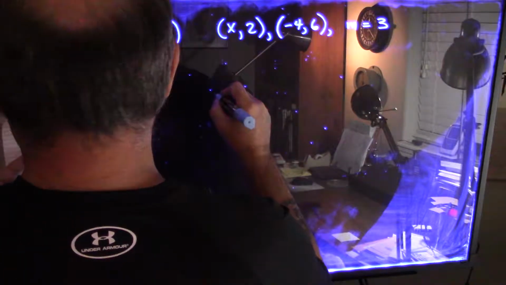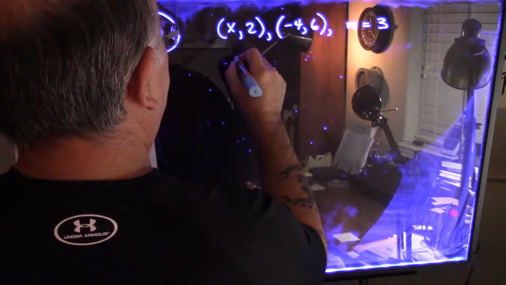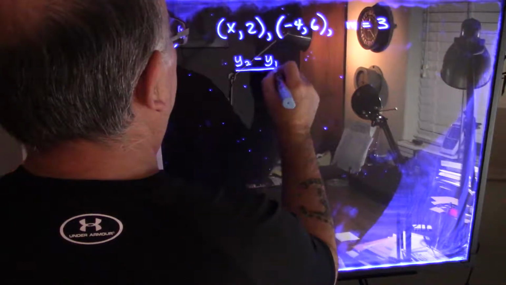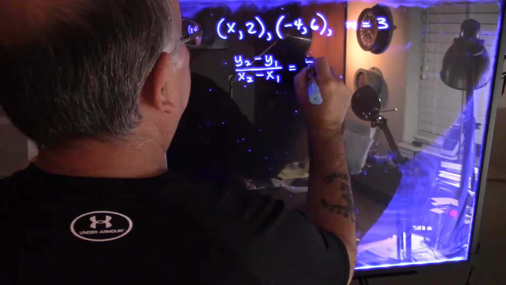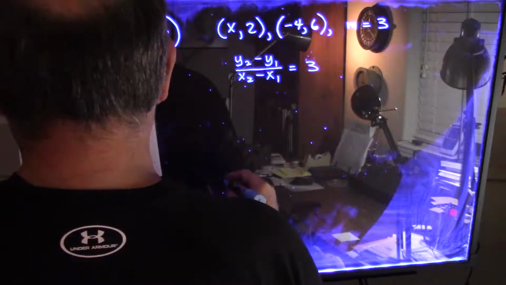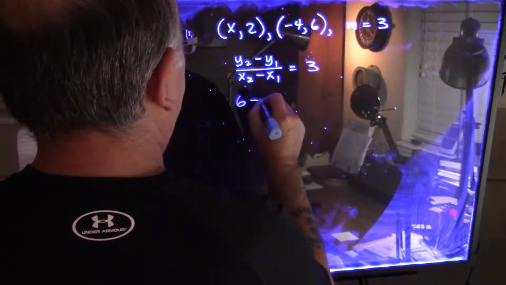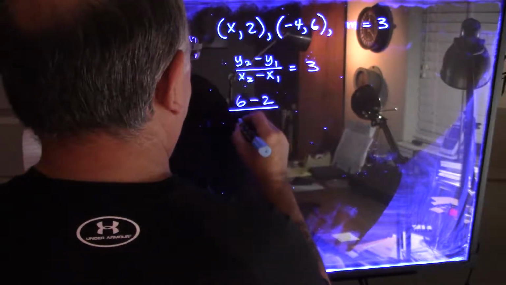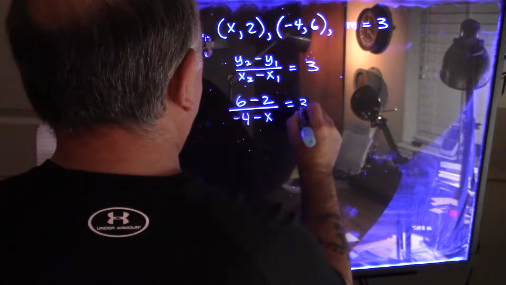Alright, so 3 is equal to y2 minus y1 over x2 minus x1. I'll set it like that. And now just plug in the coordinates. You've got 6 minus 2 over -4 minus x equals 3.